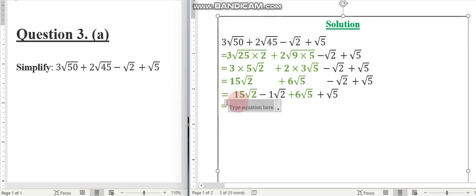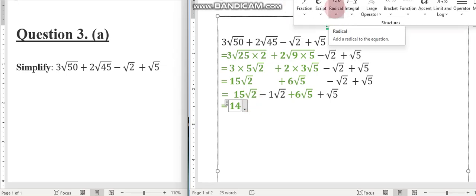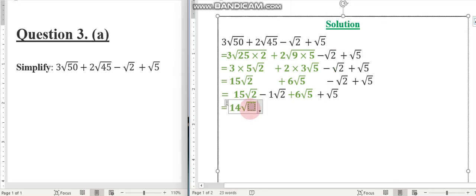So we get 14 root 2. You don't add or subtract the roots. It's like a unit. So you get 14 root 2. You still maintain the root 2 because we are subtracting.